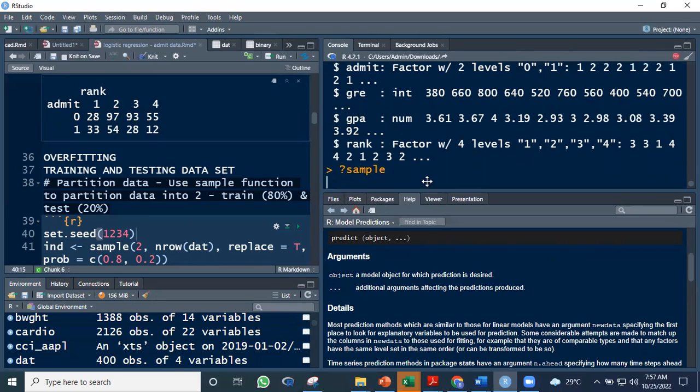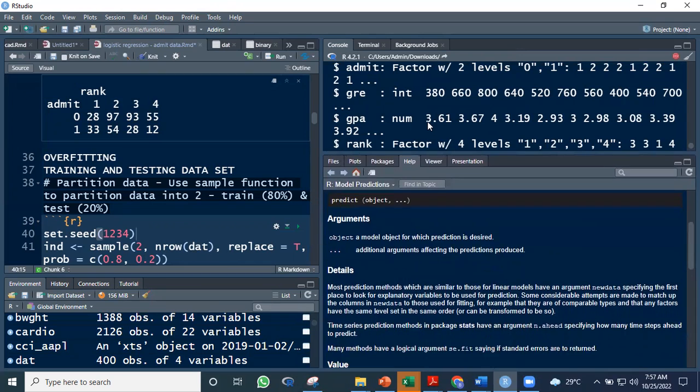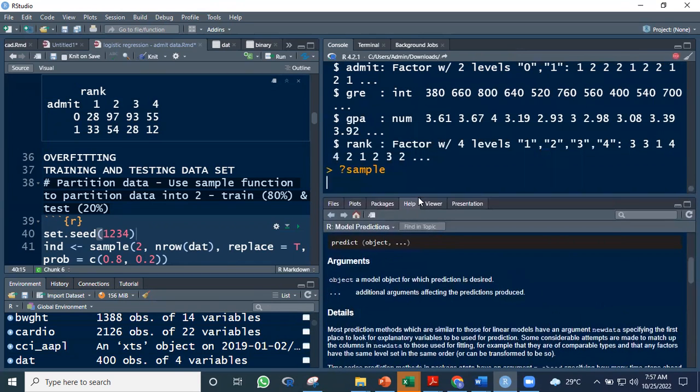Okay, so this is from the base R pa rin to.